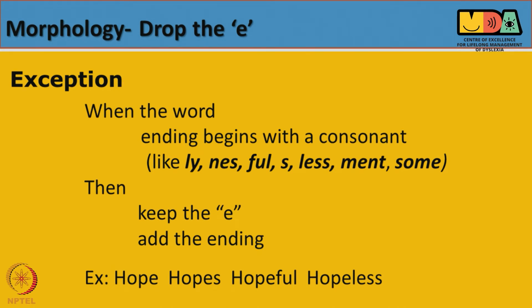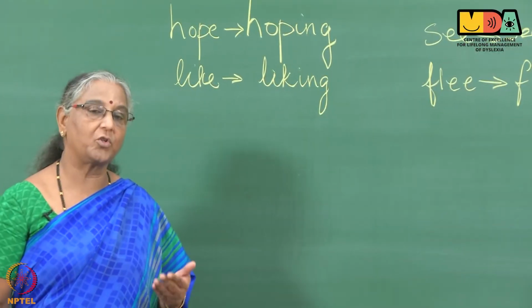The other exceptions for the drop the E rule are when you are adding the consonant suffixes. For instance, ly, ness, ful, s, less, ment and some. There, when you are adding the consonant suffix, you do not drop the E in words that end with E. For example, hope, hopeful, hopeless, hopes. You do not drop the E. So, we have other exceptions to the drop the E rule.